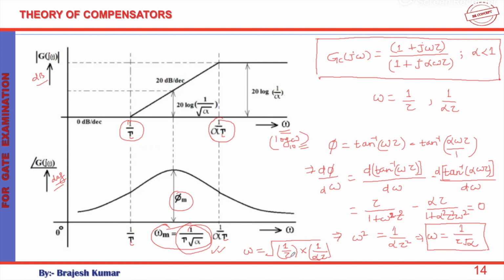1 upon tau is what? This is a corner frequency. 1 upon alpha tau is what? This is also a corner frequency.